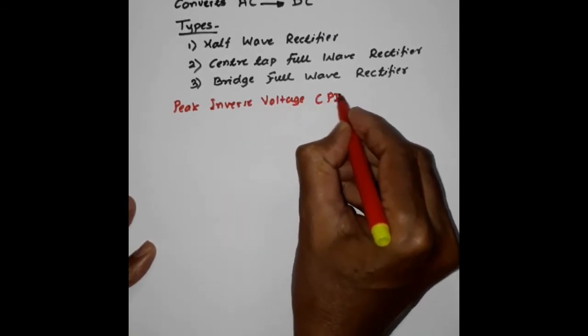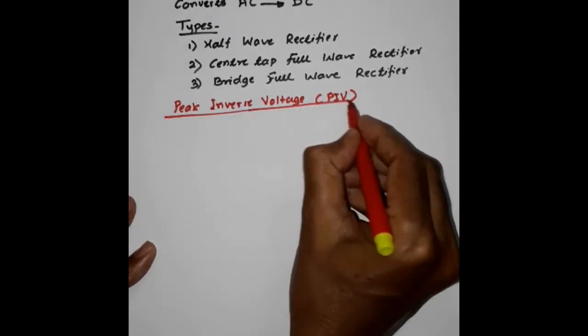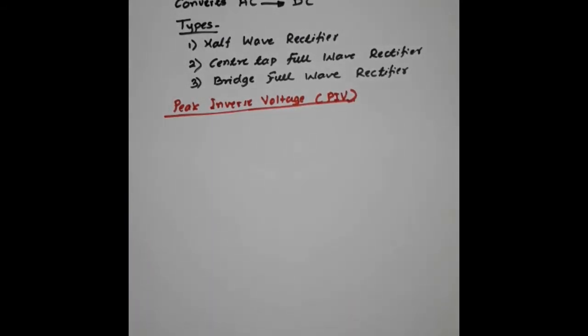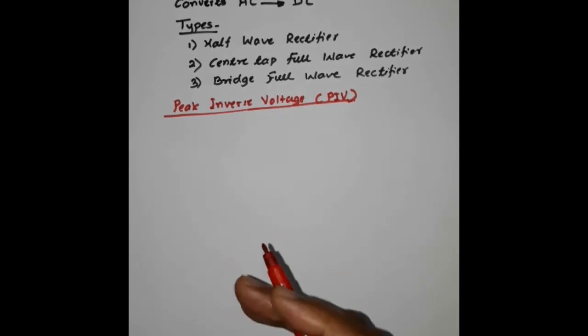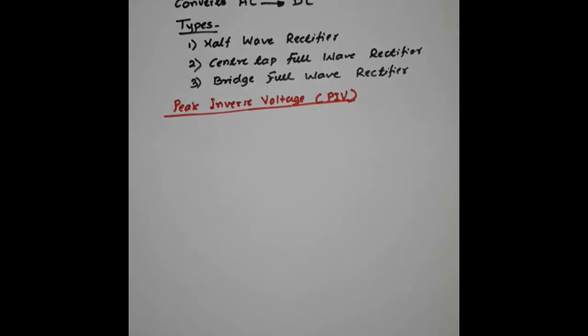Peak inverse voltage or PIV means the maximum reverse voltage or the negative voltage applied across the diode in case of half wave rectifier.